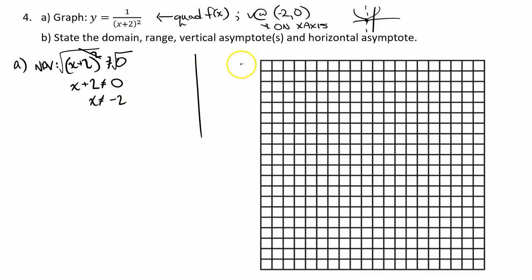From there, table of values, get some numbers. So I'm going to go on either side of my vertical asymptote, so -4, -3, -1, and 0. And I plug them in. So -4 plus 2 is -2 squared is 4. So that's 1/4.